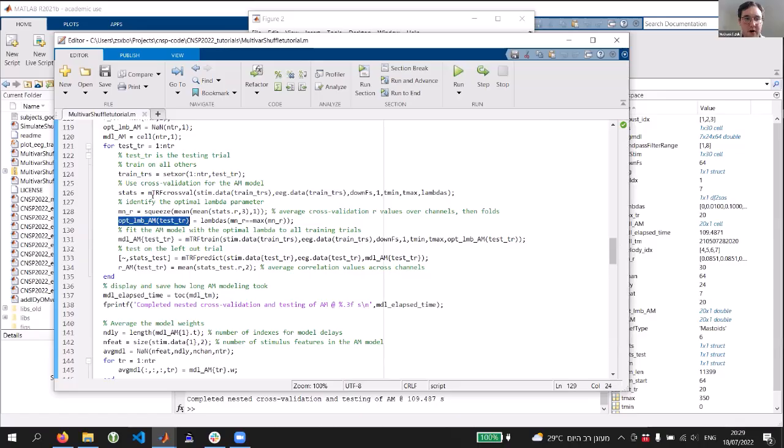You run mTRFcrossval that gives you performance for these training trials as a function of lambda. And then I find the optimal lambda from that. It's fairly standard practice to have your testing data completely left out from all of the training and cross-validation that you do. And you can think of the lambda as sort of another parameter that you're fitting to your model.